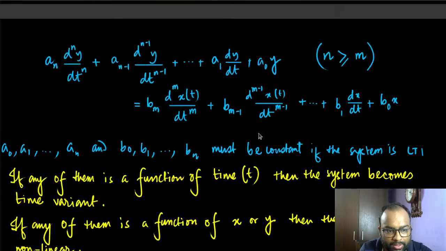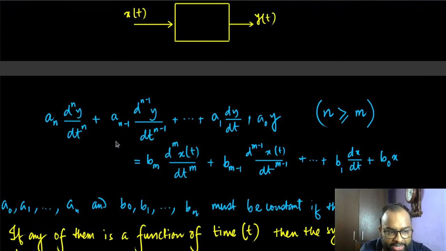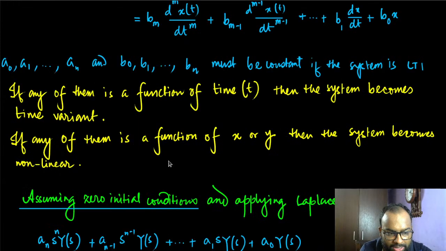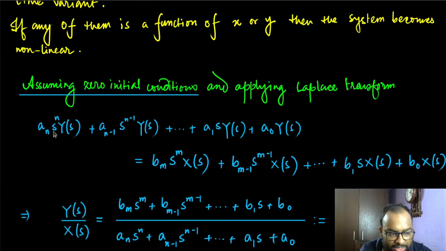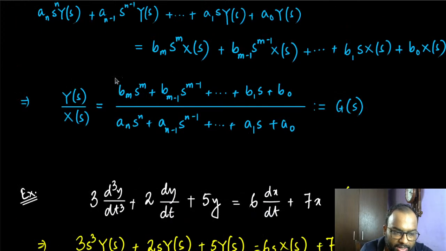Because the order of the denominator was n, with up to s to the power n, so it was an nth order polynomial, and here it was an mth order polynomial. If I factorize this, I get n factors, so I have n poles. If I factorize this, I get m factors, so I have m zeros.